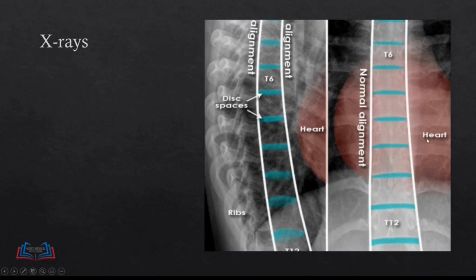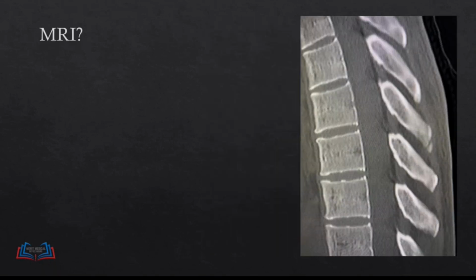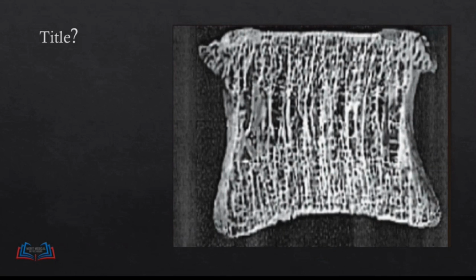And this is just a study trying to show what we were just talking about, the various overlapping views and what we can see. It gets a little cleaner if we go to a CAT scan, and the CAT scan view will show the bones really well, but you can't see the discs. So this CAT scan is better if you're looking at the bony qualities. And this one is showing you a vertebral body in cross section.